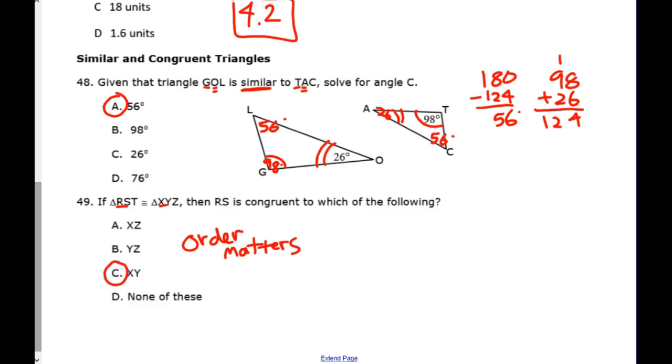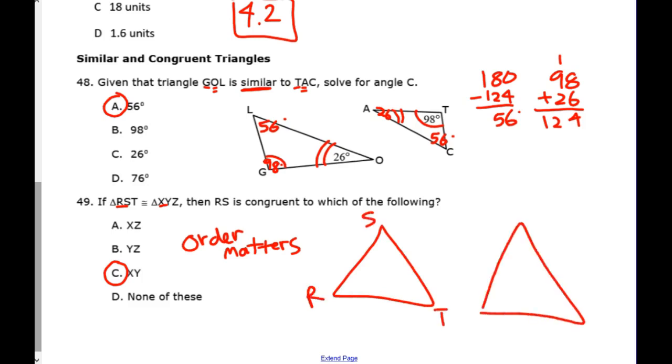Just saying. But just to draw it, RST, and in the same order, XYZ, RS, congruent to XY. Alright.